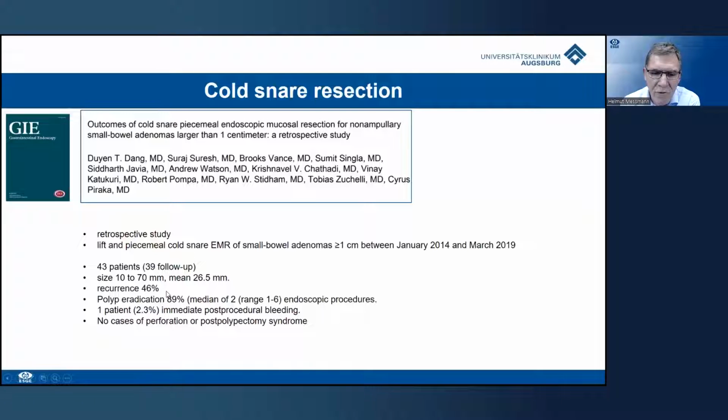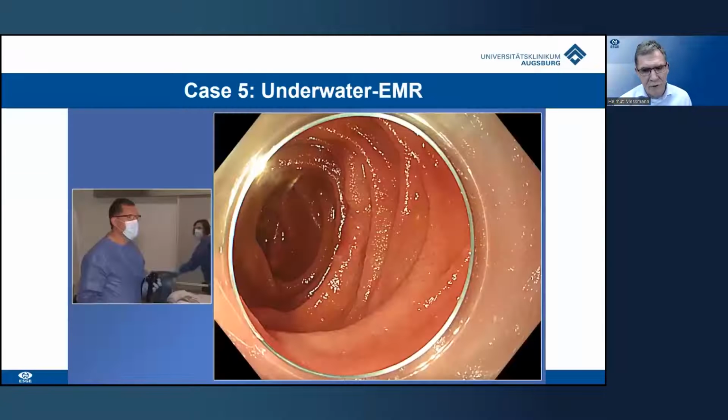Quite a high rate of recurrences, 46%, and the median range for polyp eradication was two endoscopic procedures because of the high recurrence rate. So we can conclude cold snare for lesions larger than 1 centimeter is safe in the duodenum, but has a higher risk of recurrence.